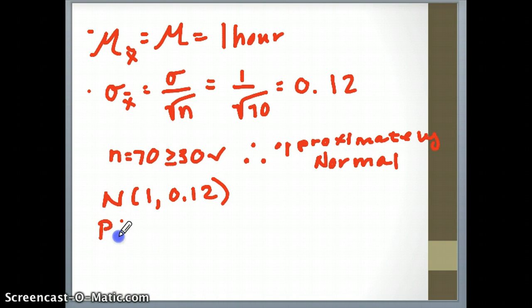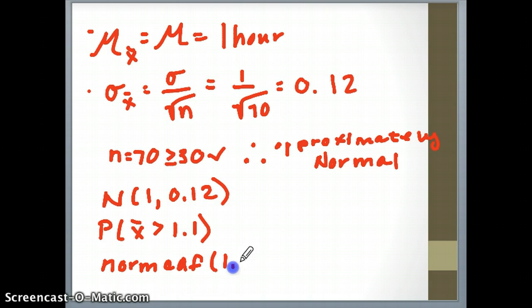We are looking for the probability that the sample mean will be greater than 1.1 hours, so we're going to do normalcdf. Lower boundary will be 1.1, upper 999. I always use 999, some people use 1,000. Then the mean, standard deviation, and it would be about 0.2023.